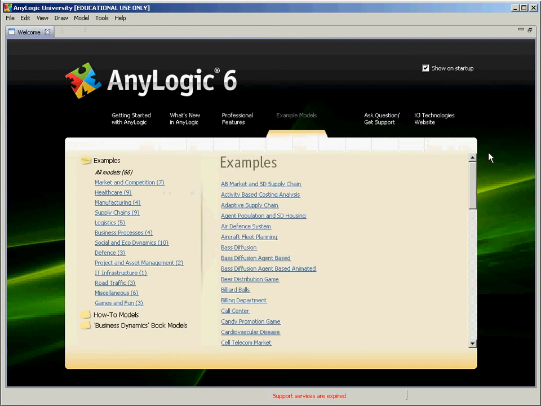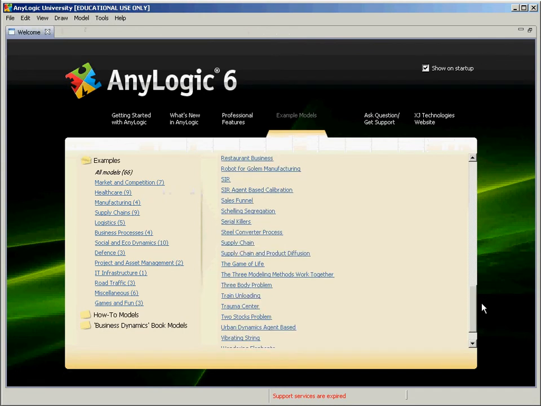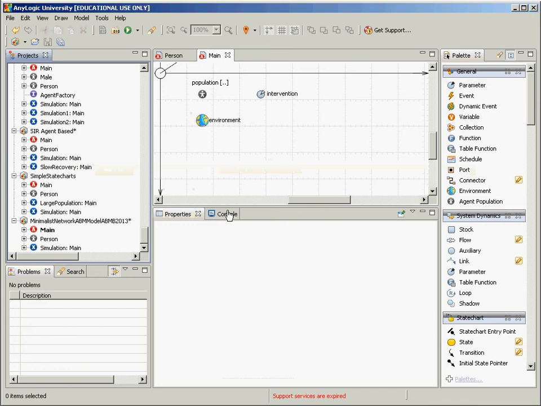And what I'd like to do is to scroll down on the right-hand side to the SIR case, okay? So you're scrolling down the examples here. I haven't touched anything on the left, and it's on the right-hand side, and I'm going to click SIR, okay?